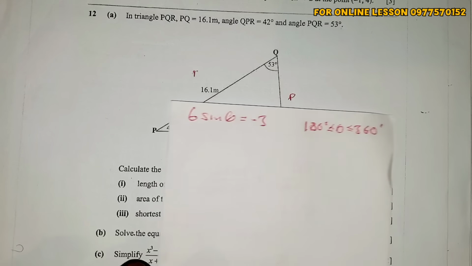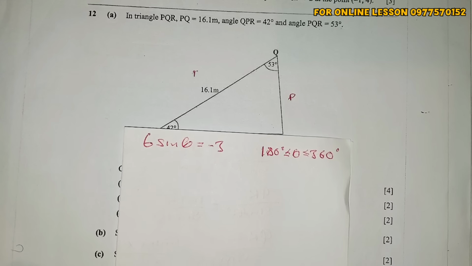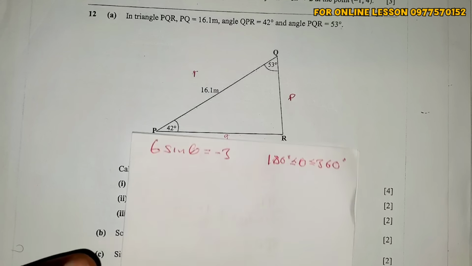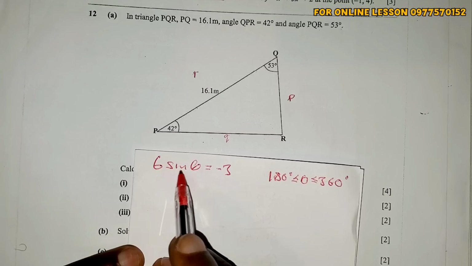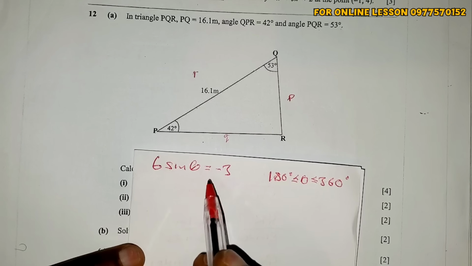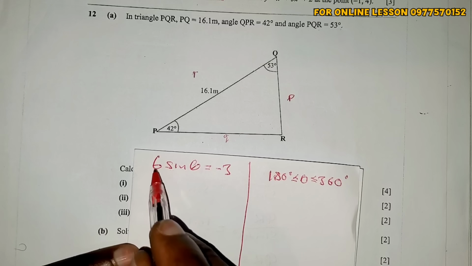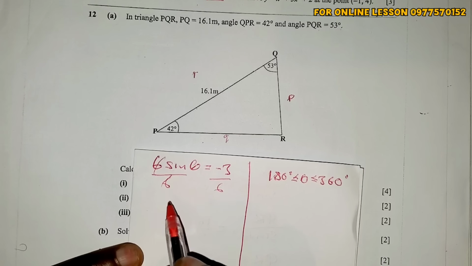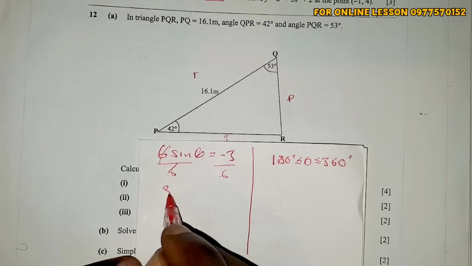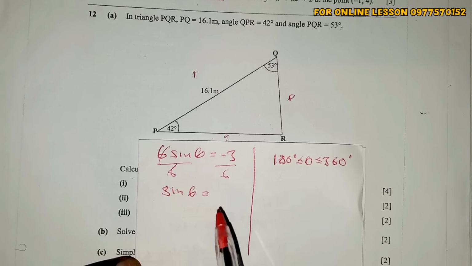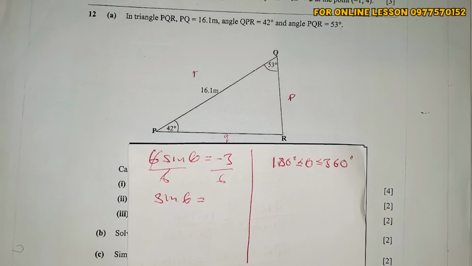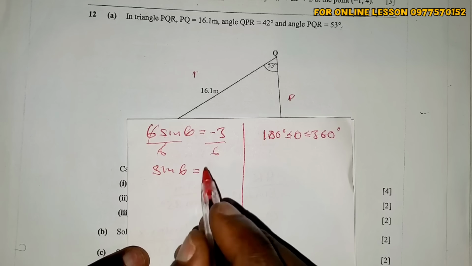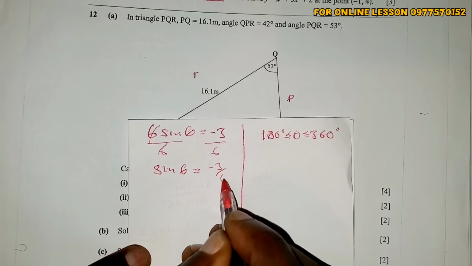Check this out. This is very simple. Let me show you how it's done. So you need to leave the sine independent here. So meaning we're going to divide by what? 6 both sides, so that we have sine theta is equal to negative 3 over 6.